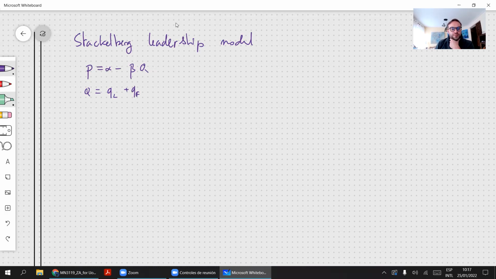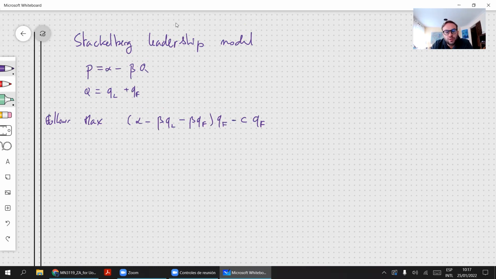The follower needs to maximize its profit, which is price times whatever it produces, minus the cost of producing it.